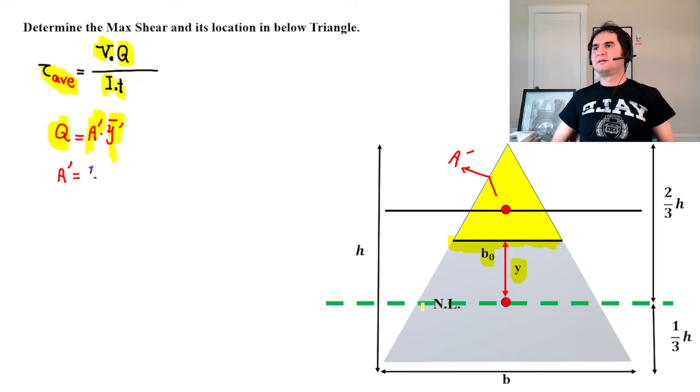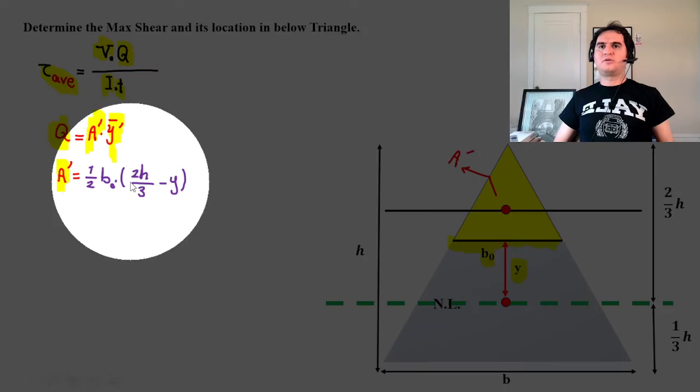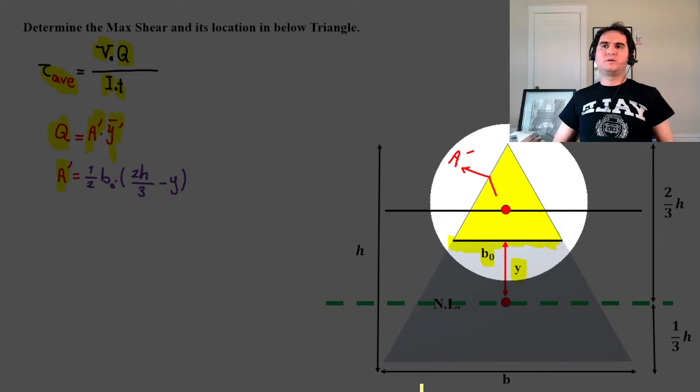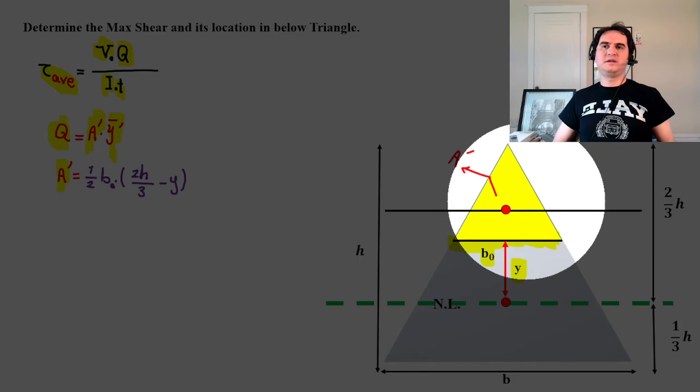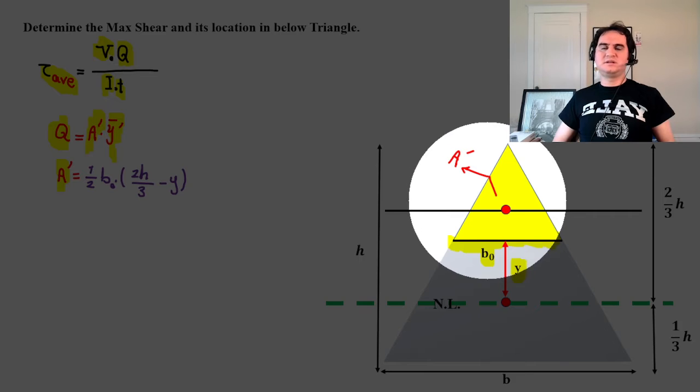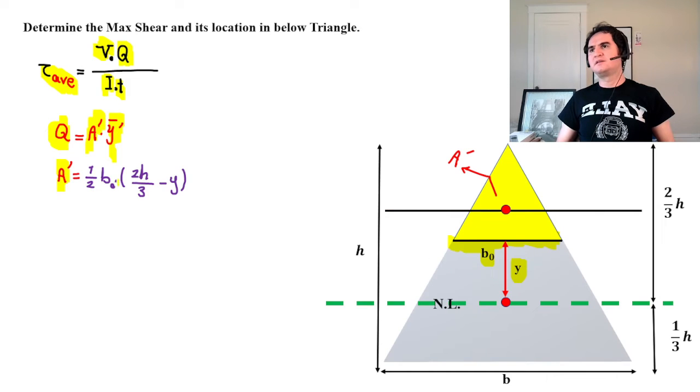For A prime, we simply know that's the area of our small element over here. So that's a half of b naught times the height of that.